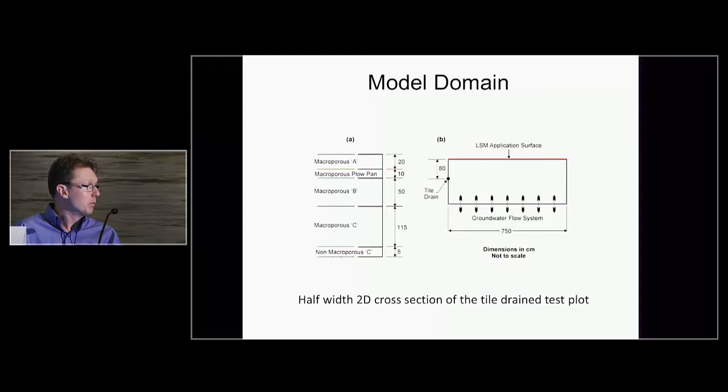And we also coupled the two-dimensional domain here with the regional groundwater flow system. And that turned out to be a very important attribute of this model in order to represent how both controlled drainage and free drainage are influencing the flow system within the tile-drained fields.